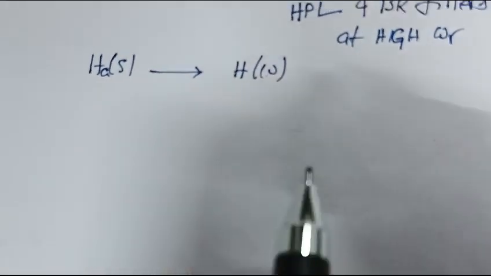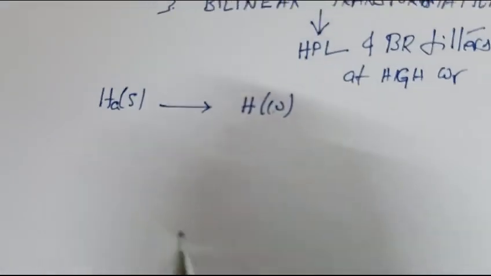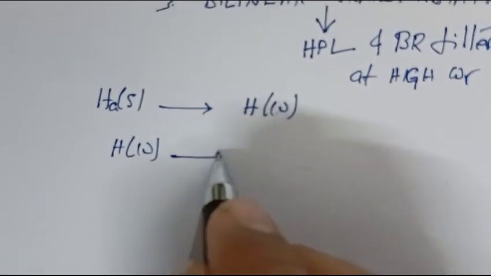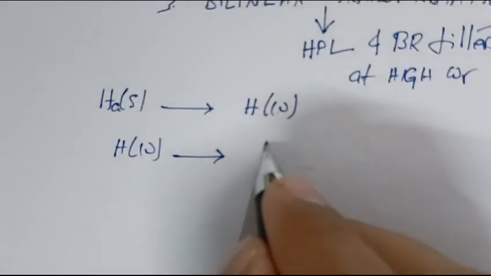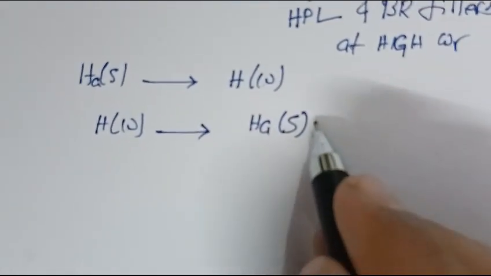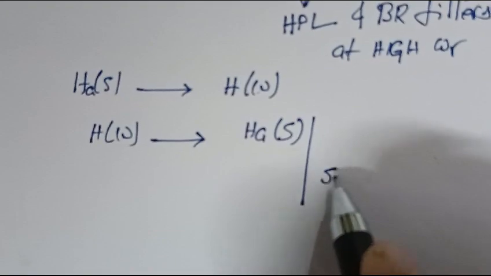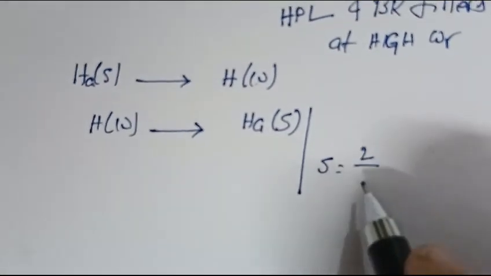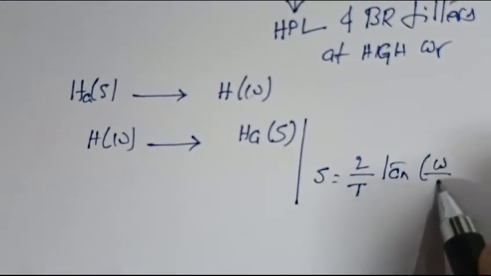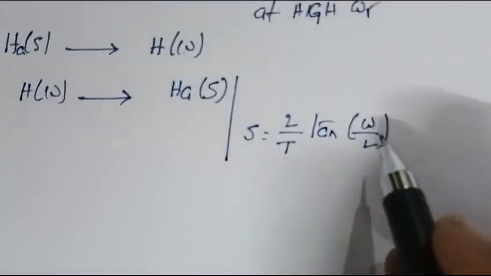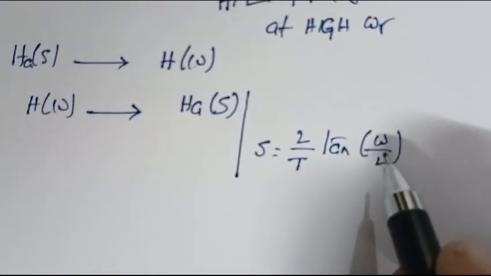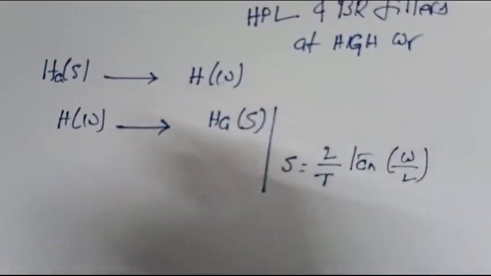The simple method is, let H of omega be the transfer function of a digital filter such that it has to be realized using the transfer function of an analog filter H of s, where in place of s we simply substitute 2 by T tan of omega by 2, where this omega is the resonant frequency of the desired digital filter and T is the time period.